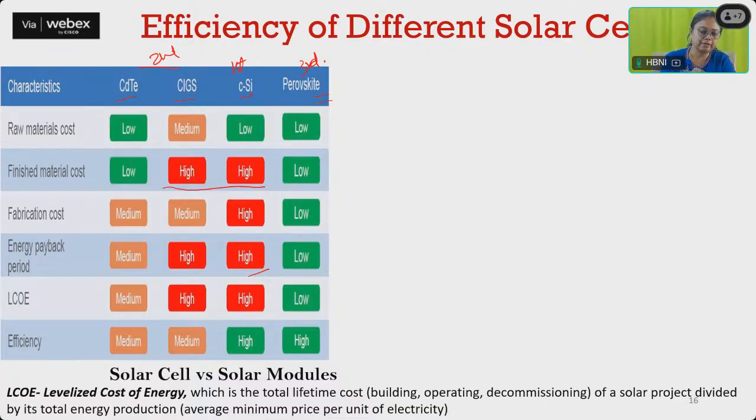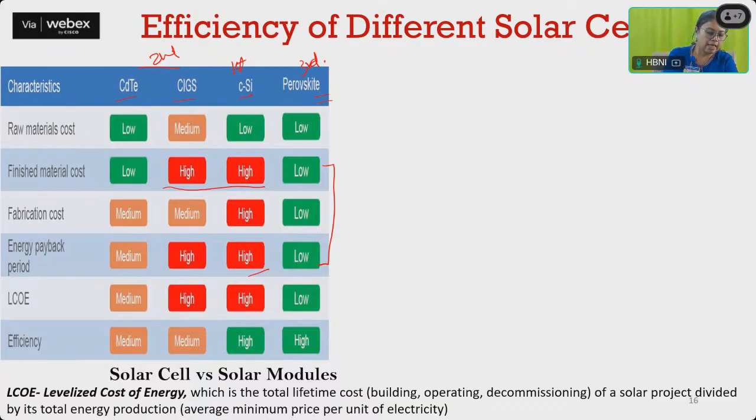Generally it is directly proportional to the material cost. Whereas perovskite materials are very low cost, and making is also very easy. We can use methods like thin film deposition, spray painting, spin coating. So that's why the cost of this material is low.